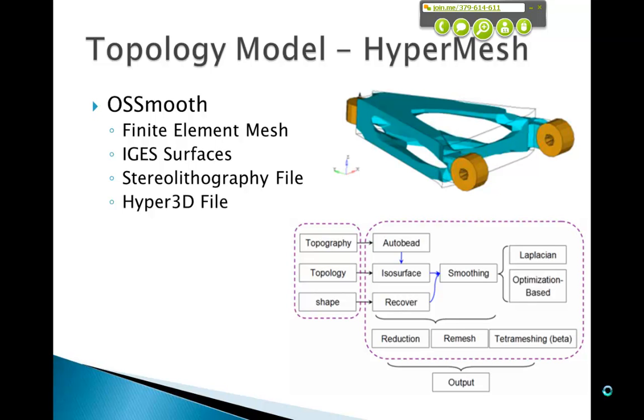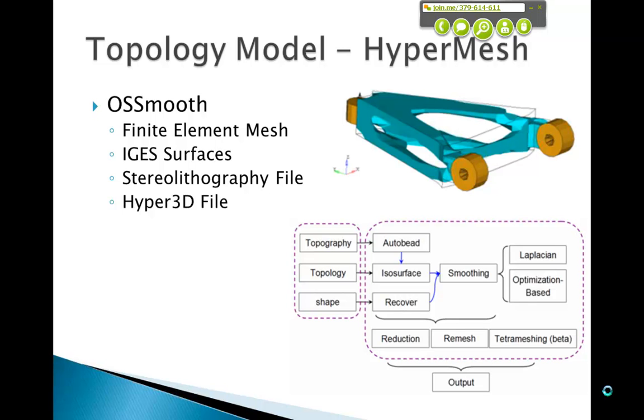The tetrameshing is a very new feature that's been added to the OptiStruct. And so you'll either do a reduction or a remesh, and that reduction and remesh is what eventually is then sent as an output file.